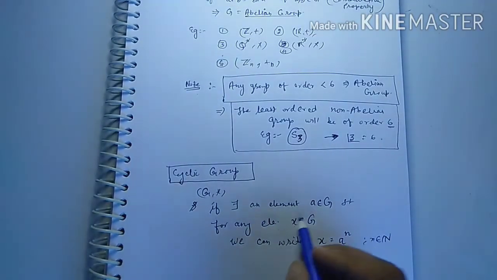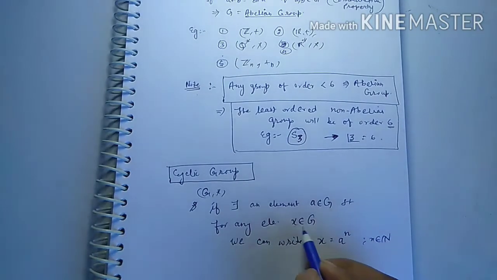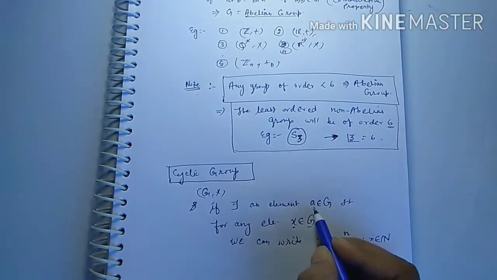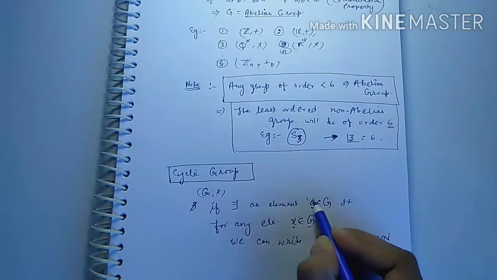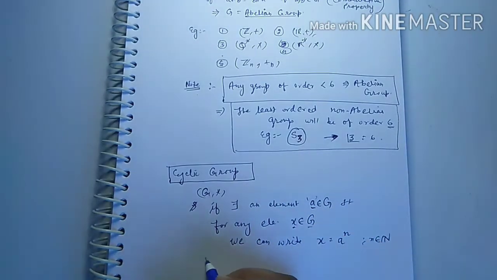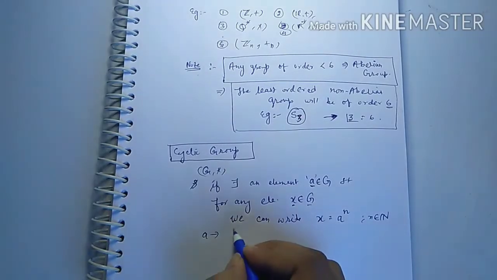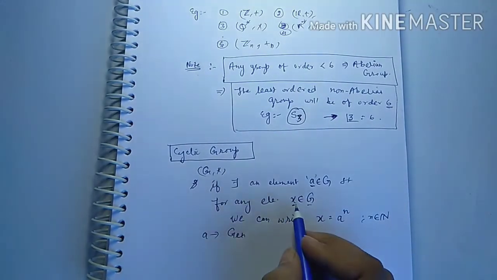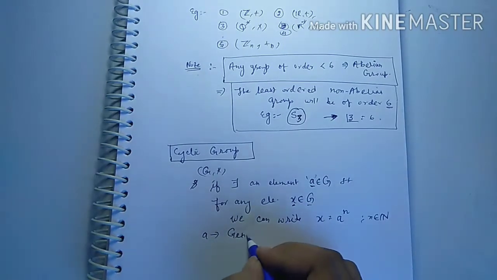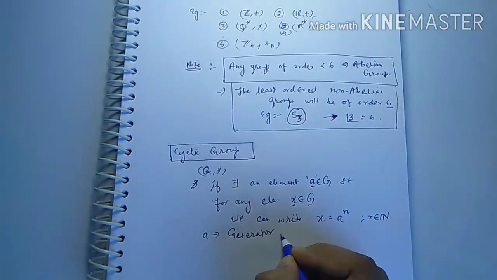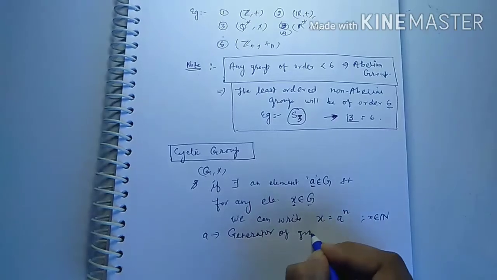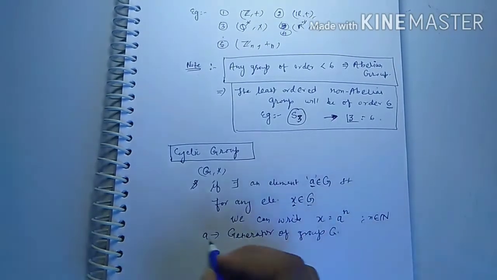So we can generate each element of this group by this element A. So this element A will be called the generator of the group G, because it generates all the elements of the group.